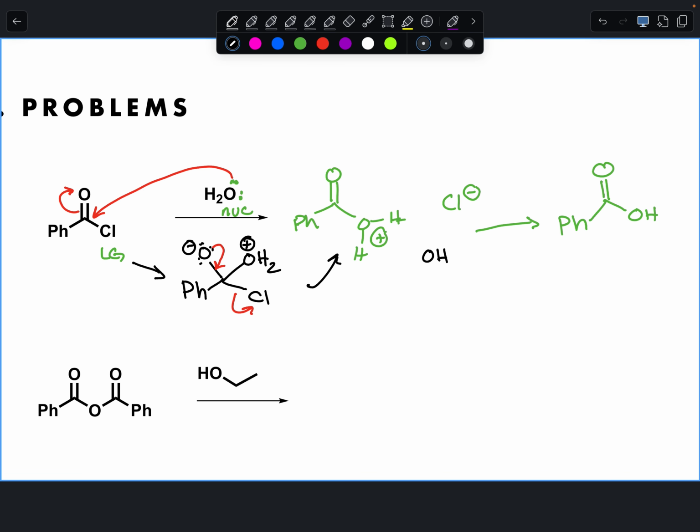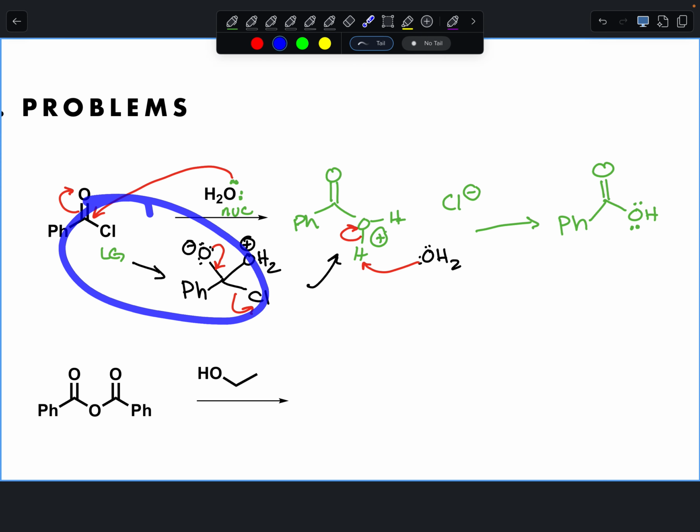Well, this position is really acidic, relatively speaking, which means that we're going to be able to remove a proton from that position and generate a nucleophile, which is the conjugate base of that aldehyde or ketone, or ester or amide. We're going to focus mostly on aldehydes and ketones.